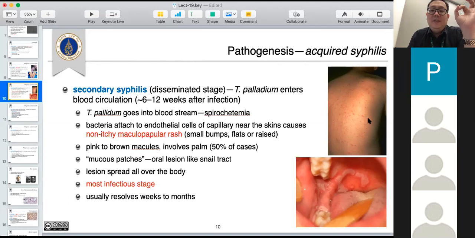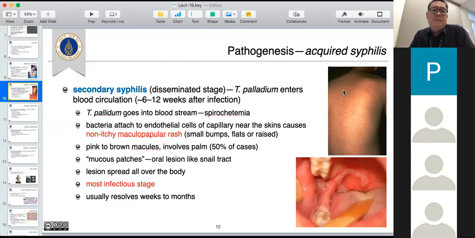So you probably see the rash through the body. Actually, they start from some area and then spread through the body. In secondary syphilis, this is the key symptom, the maculopapular rash. The rash can be pink, can be brown. Okay, so it happens in more than 50% of cases.